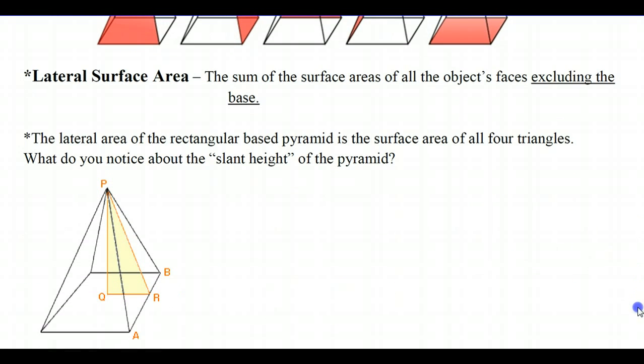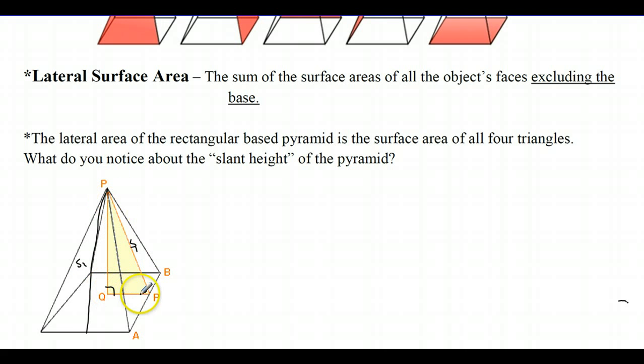And what do you notice about the slant height of the pyramid? We notice that the slant height here will actually be different from the slant height here. Let's call that S1 and S2. The slant height goes up the face of the pyramid.